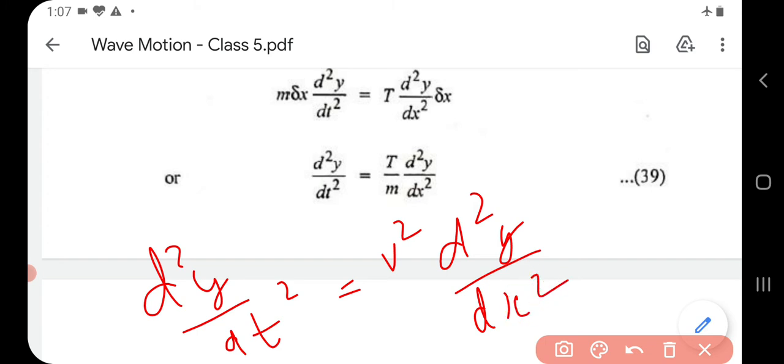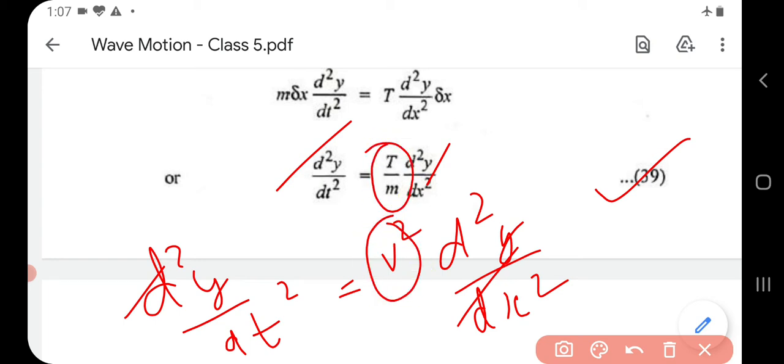This is the wave equation, right? Now they are asking you to compare this wave equation with equation 39, and what you can find, LHS is the same, right? RHS is also the same. So T by m is equal to v square, that is velocity square is equal to T by m, right?